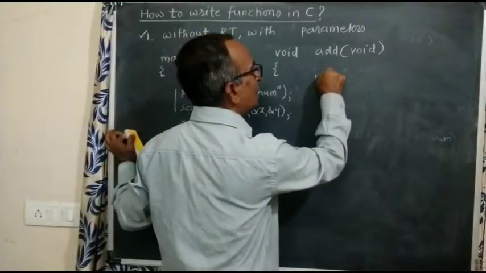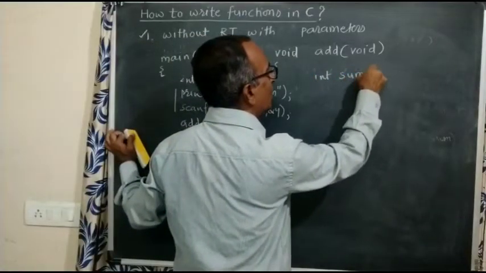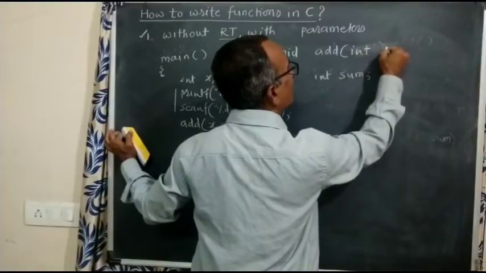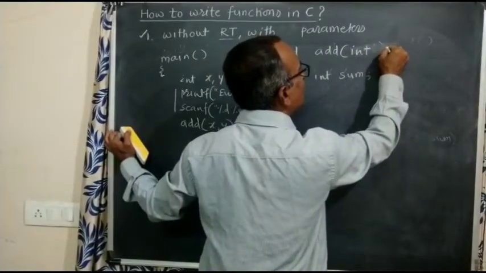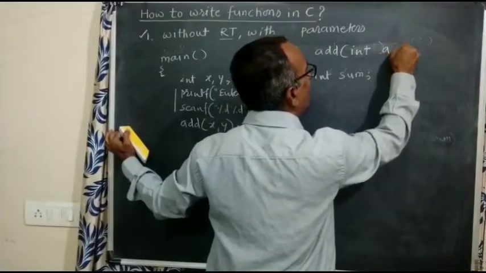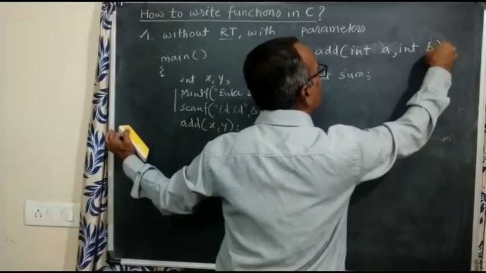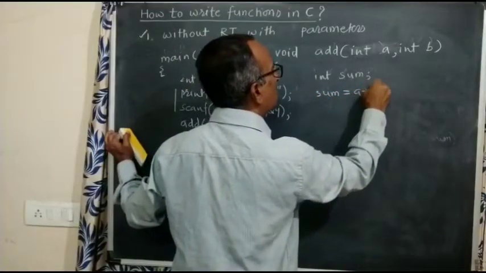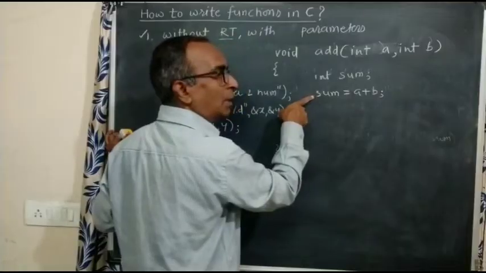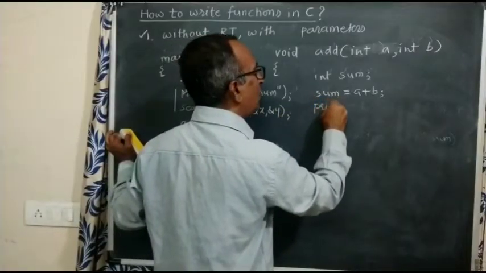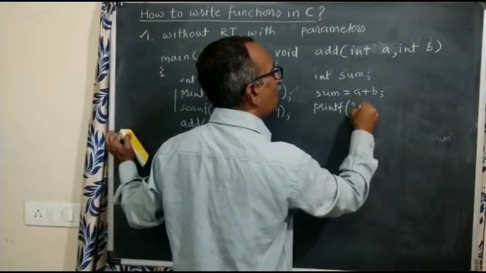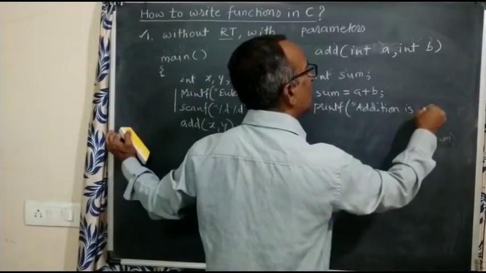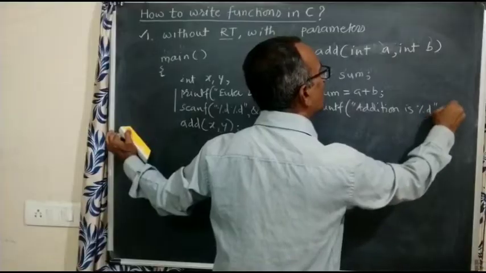So void add takes two parameters. Suppose, for clarity's sake, I'll take int a, int b, then sum is given a plus b. Processing is done. Then it will say printf "addition is %d", sum.